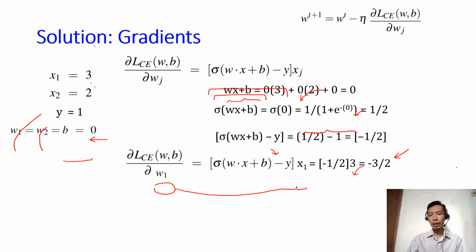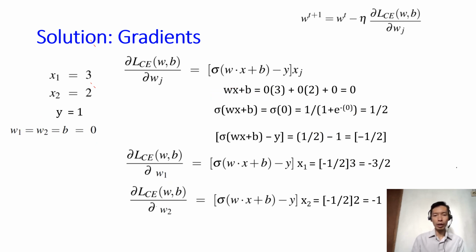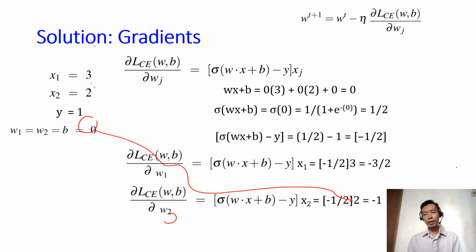But if we like to update it with respect to W2, then we plug in X2 there. Okay, so this is the gradient of the loss function with respect to W2.